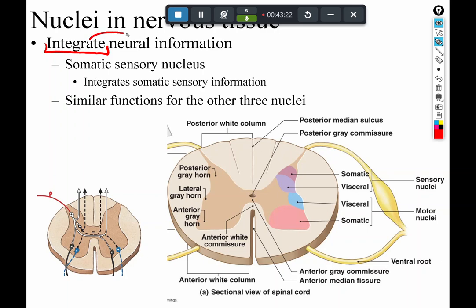So remember, integration is the processing of sensory information and it being made sense of or having something done with it by the central nervous system. So it's a shorthand way to say neurons talking to each other.